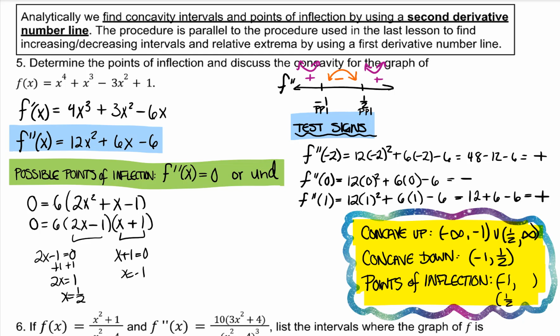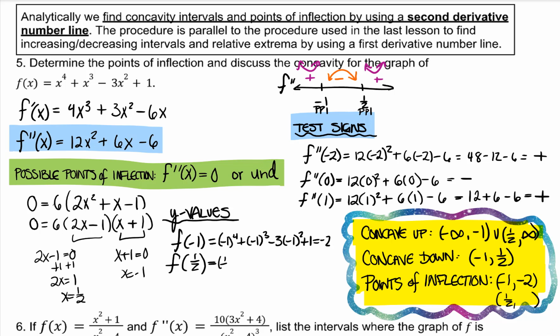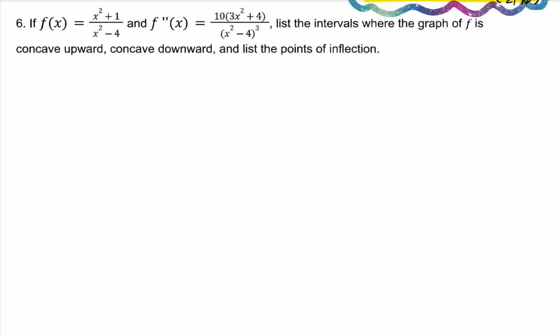To find the y values, I'll plug into the original function. And there's your answer.